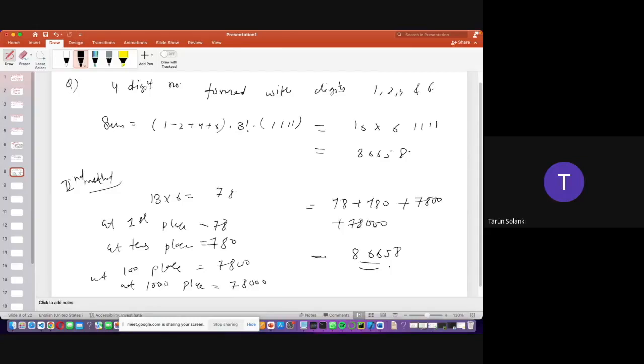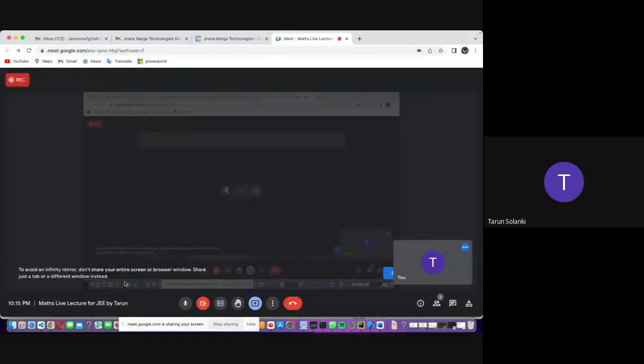So the sum of the values of all digits at the first place is 78, at the tens place 780, at the hundreds place 7800, and at the thousands place 78,000. So required sum will become 78 plus 780 plus 7800 plus 78,000. So all will become 86658. Okay.